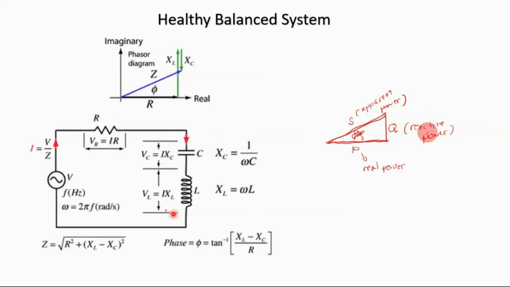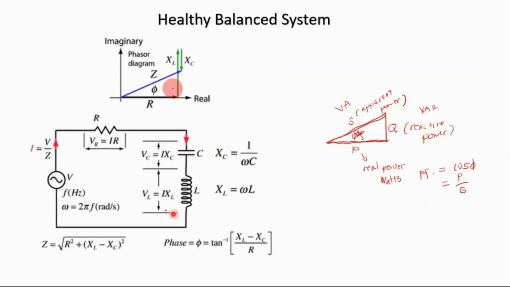The real power has units of watts, and for the reactive power we use VAR, and for apparent power VA, volt ampere. You can also get the power factor. The power factor is the cosine of this phi, or if you know the real power, you just divide it by the apparent power. That will be the power factor.